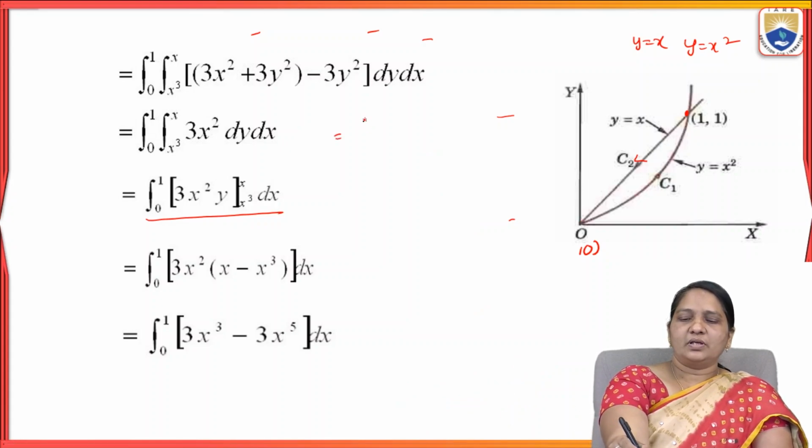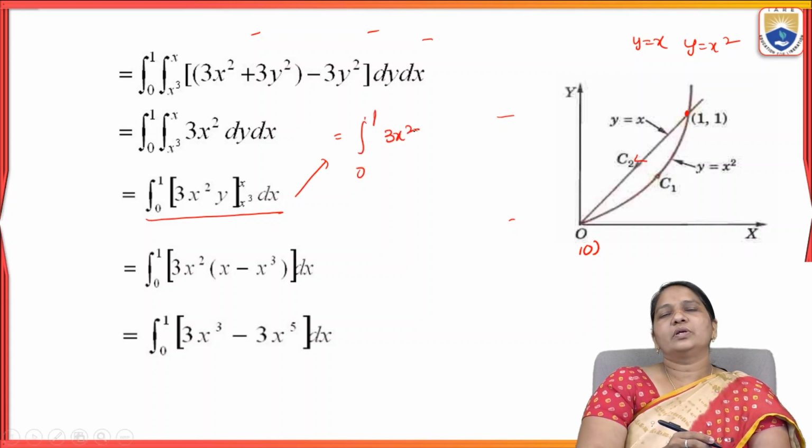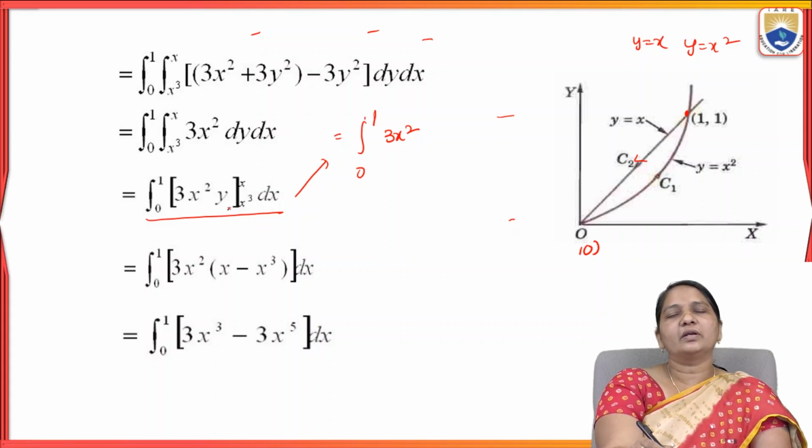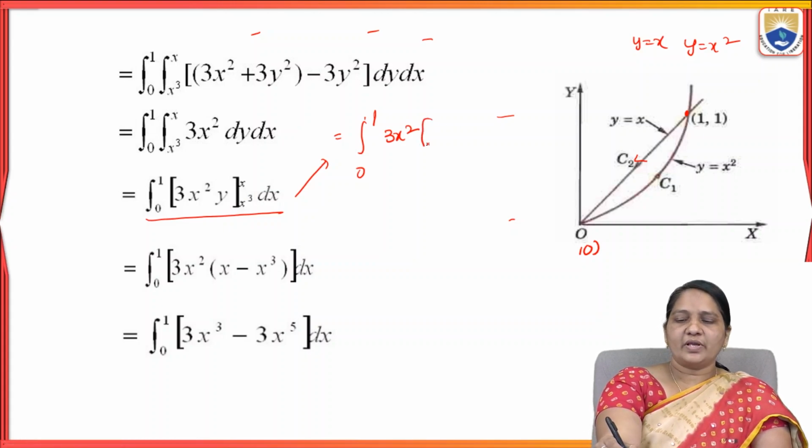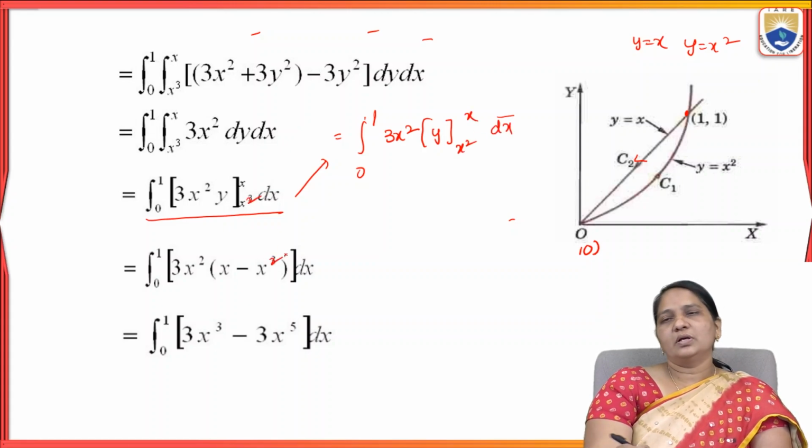So this one, integral 0 to 1, 3x square. The integral of dy is already calculated, it is y. So y with limits x square to x, into dx.